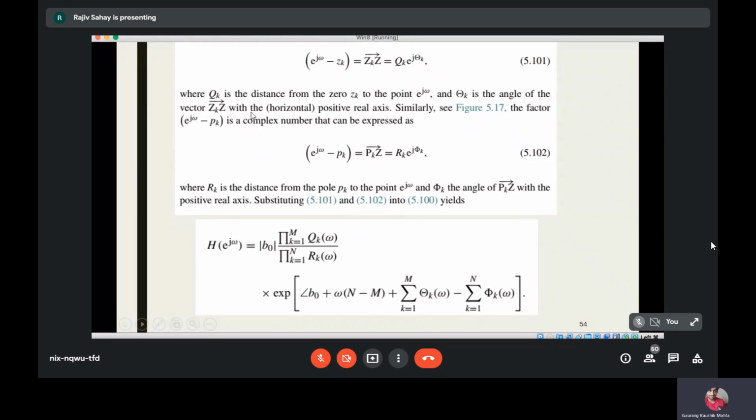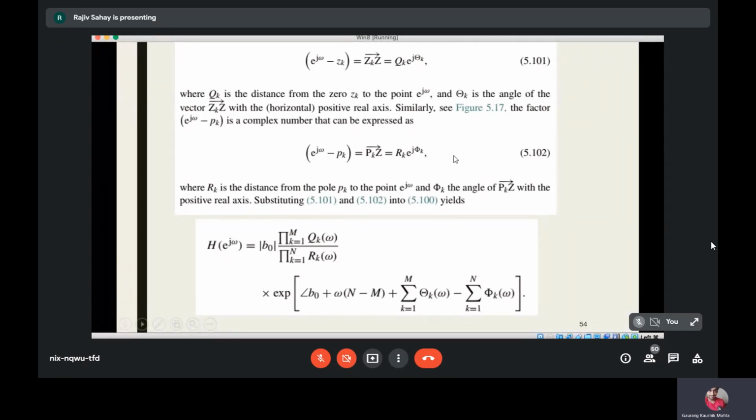So similarly, this particular factor was for the zero, and then for the pole, we have a complex number which can be represented as pk to z equal to rk into e to the power j phi k, where rk is the distance from the pole pk to the point e to the power j omega.